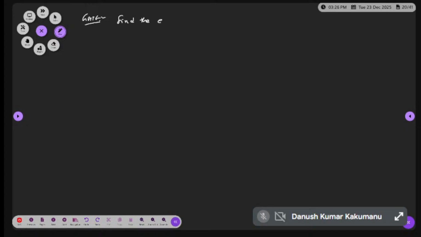Find the expected value of the outcome of an experiment when a single die is thrown.